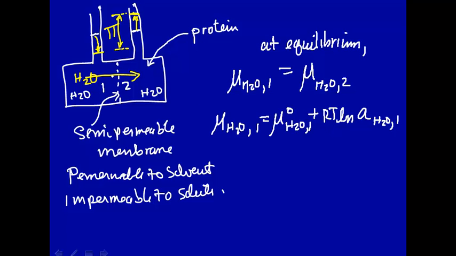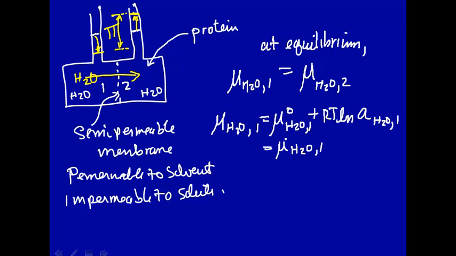We don't need to assume the activity here, so there's no extra hydrostatic pressure difference here. The activity of water on this side will just be 1. It's the pure substance. There's nothing over here. So in fact, the chemical potential of water on the left-hand side is just the standard state chemical potential.